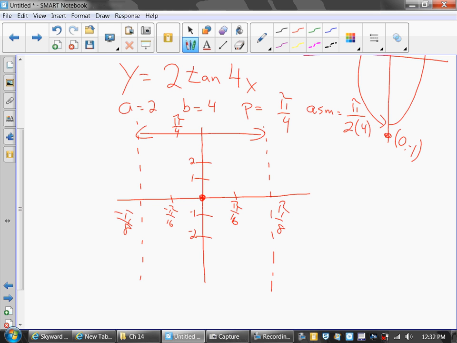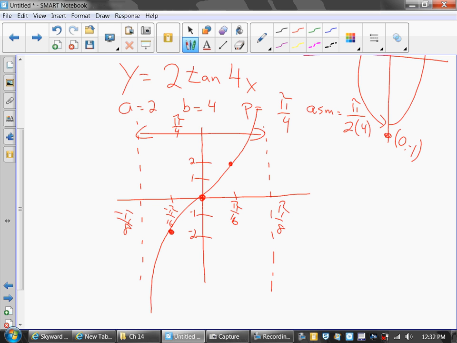What happens for the a values: if a is positive, it's starting at the bottom, working its way up to the top right. The a value occurs at this halfway point between the negative asymptote and 0, and the positive a value between 0 and the positive asymptote. Since there's no shifting, I'm just going to draw a solid line, connect the dots with a little bit of curve, and you're done.